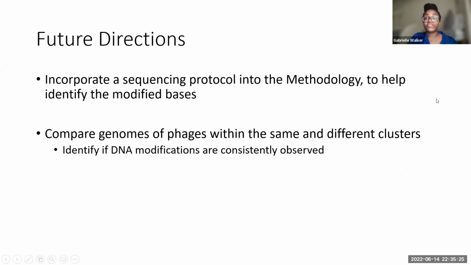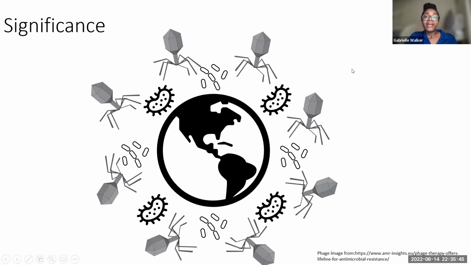This leads to our future directions. We hope to incorporate a sequencing protocol into our methodology to help identify modified bases. We also hope to compare genomes of phages within the same and different clusters to identify if DNA modifications are consistently observed. Bacteria and phages outnumber most biotic entities on Earth.